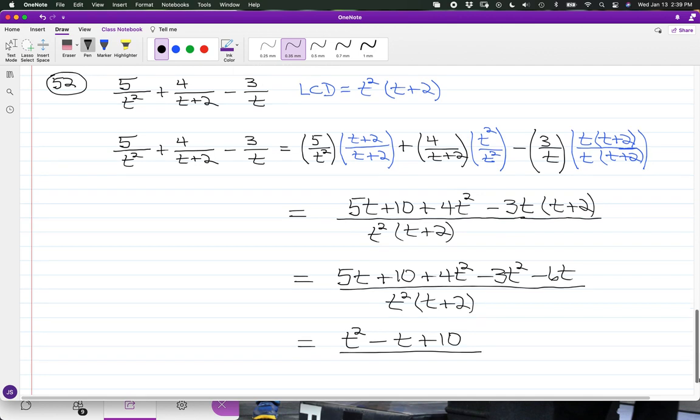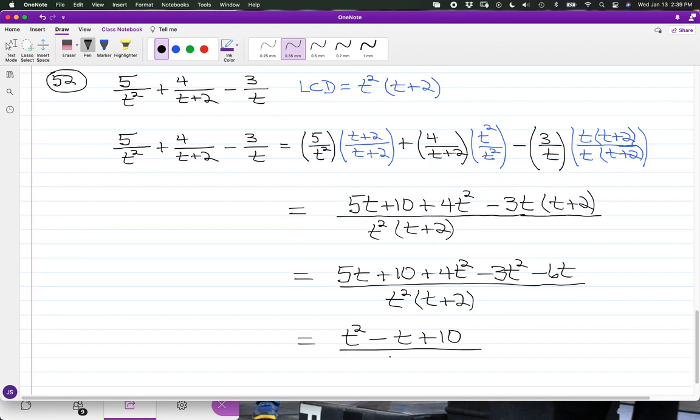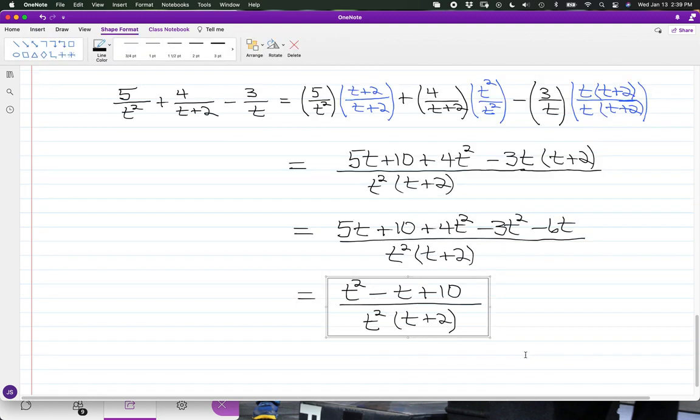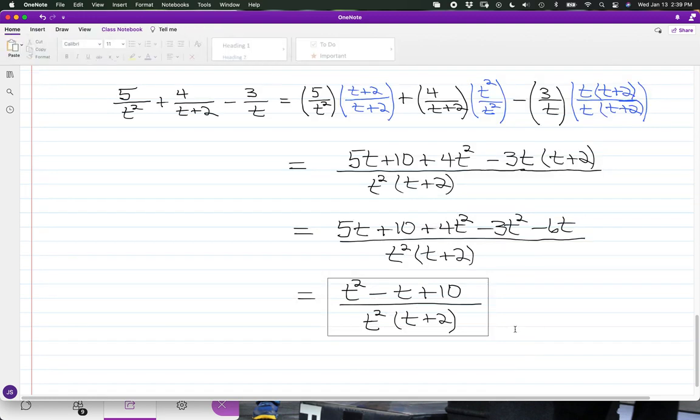So we end up with t squared minus t plus 10, all over t squared times the quantity of t plus 2. And this will be the final result in this particular problem.